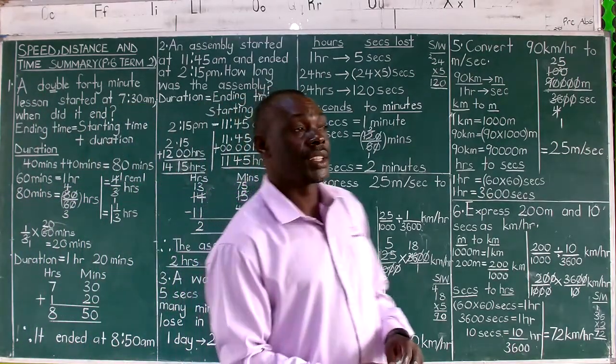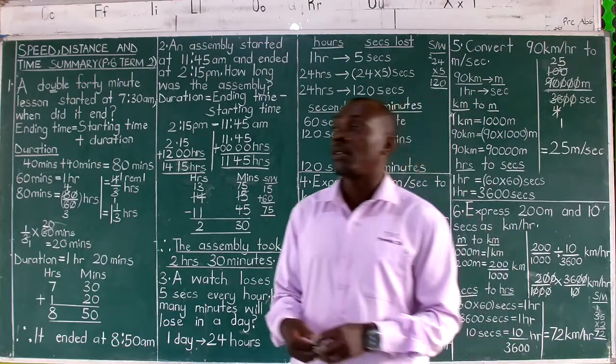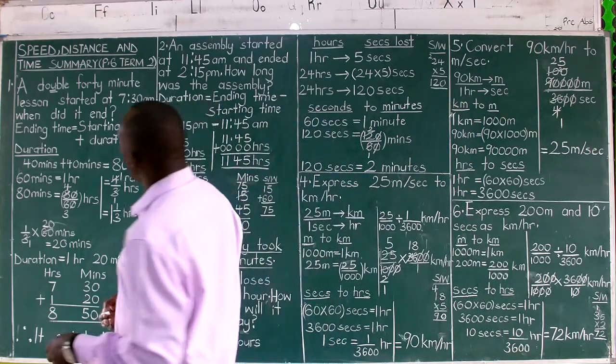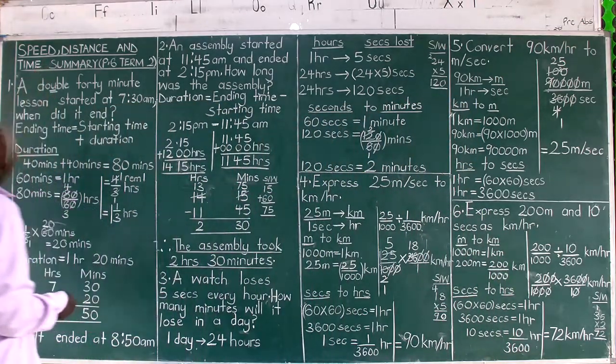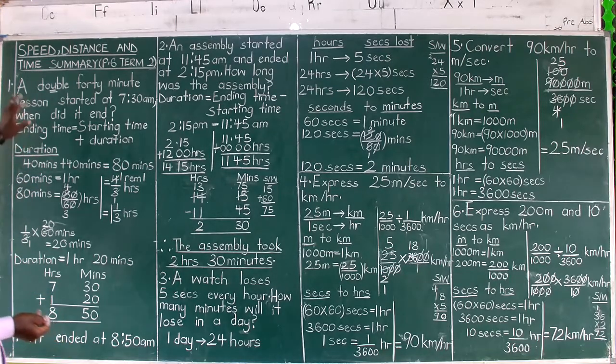Or add 6 to 6. That's 6 plus 6, you get 12 again. So now here is a double 40-minute lesson, meaning it doubles the 40. So when it ends, respond by showing the formula for what is being asked, the ending time.